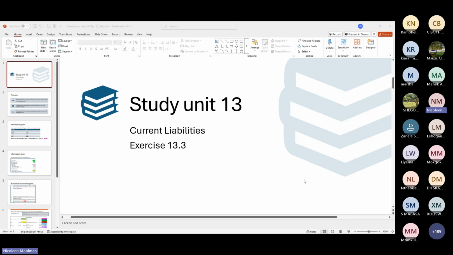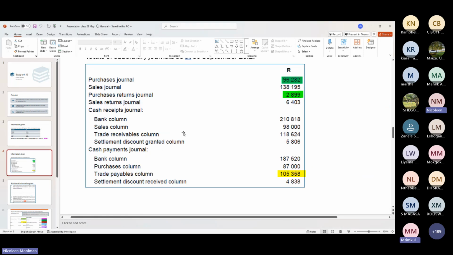And so I'm just going to continue. I see section A. Can you do the breakdown of the settlement discount received and bank? I'm trying to unmute Willem. I'm struggling. I don't know what's wrong.